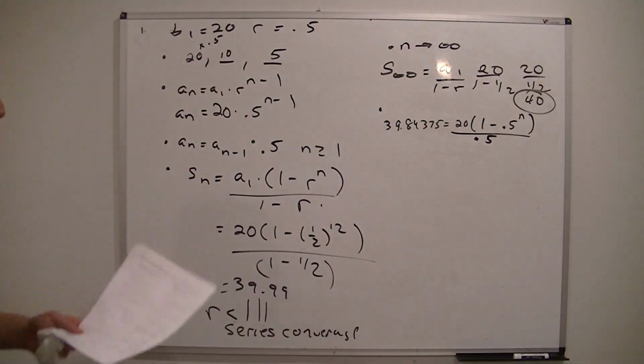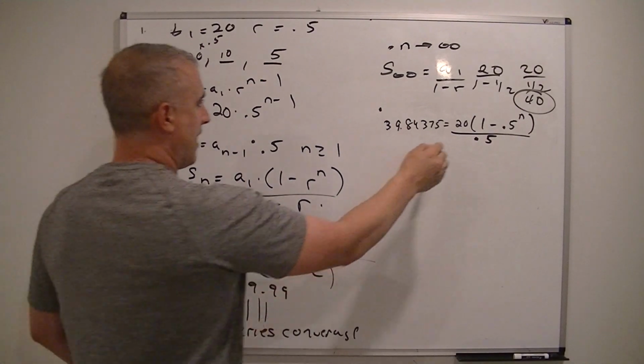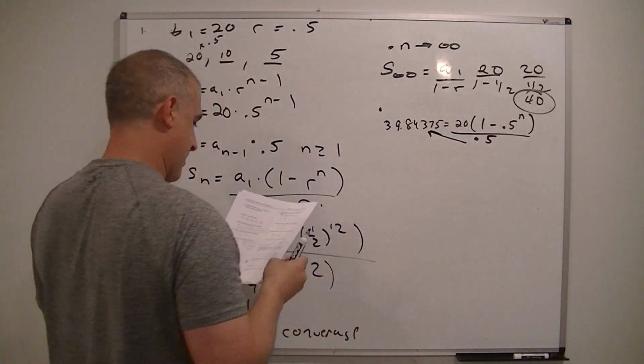Here's what you would do. Because 1 minus 1/2 is 0.5, I cross multiply that.